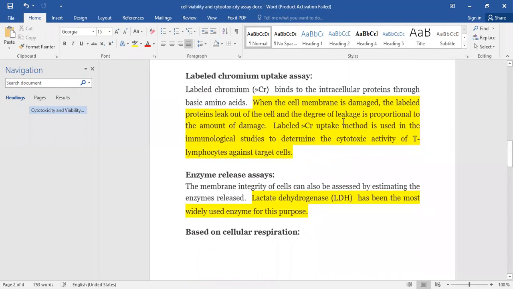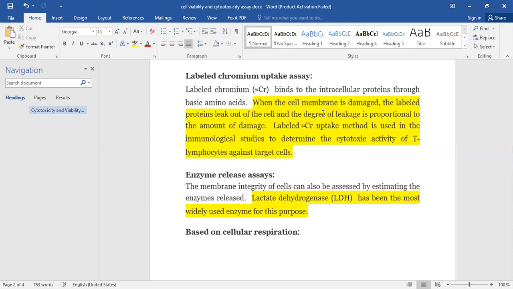Labeled chromium binds to the intracellular proteins through the amino acids. When the cell membrane is damaged, the labeled protein will leak out, and the degree of leakage is proportional to the amount of damage. This labeled chromium is used for immunological studies, and mostly for the binding of cellular parts.